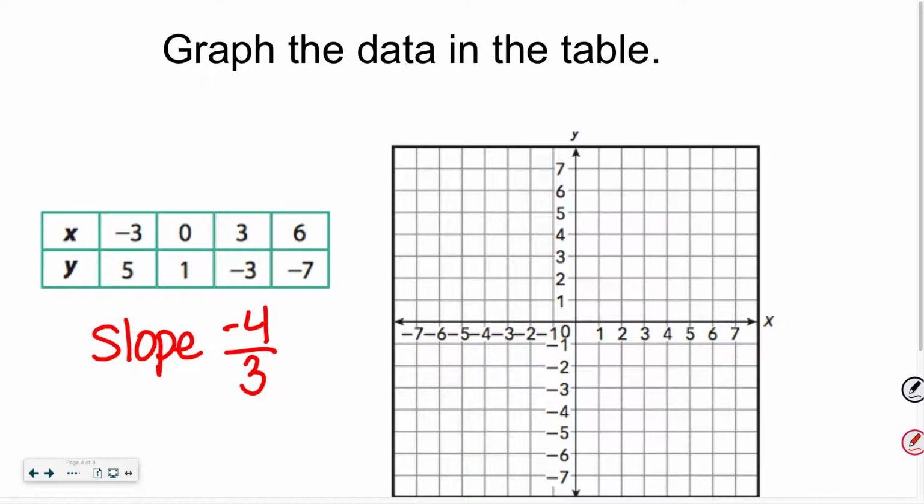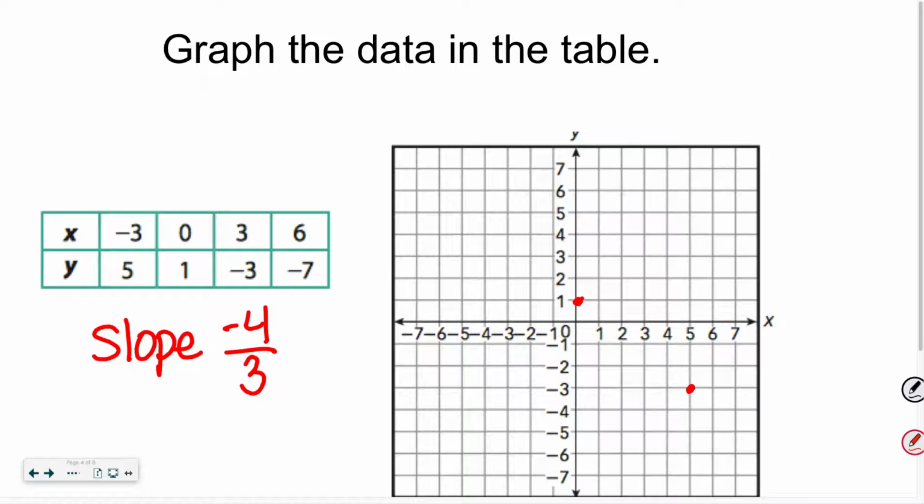Let's plot these points. Where did I plot them? -3, 5. That's our first coordinate. Okay. Next coordinate. 0, 1. Alright, our next coordinate. 3.